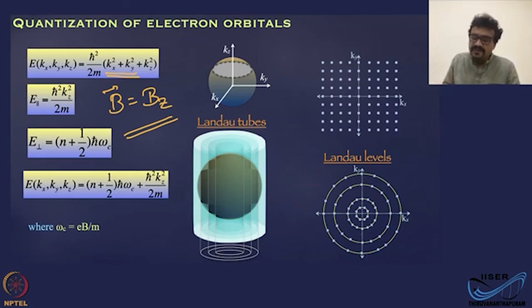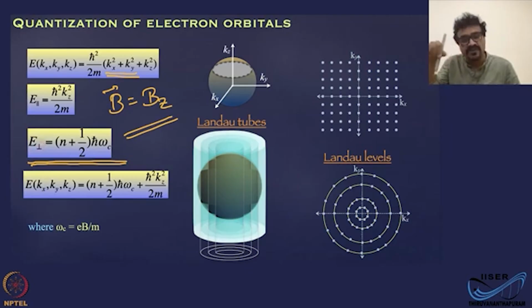Now, from basic quantum mechanics, we know that the energy corresponding to that motion is given by E perpendicular equals n plus 1 by 2 h bar omega c, where E perpendicular defines the energy which corresponds to the motion perpendicular to the field. And omega c, the cyclotron frequency, is given by eB by m, where e is the electronic charge, m is the mass, and B is the field.